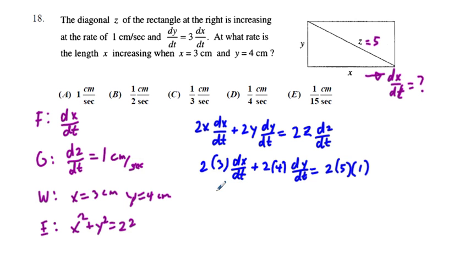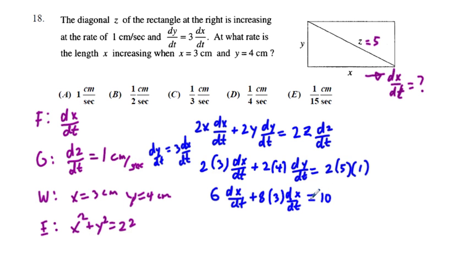And so we have 6 dx/dt plus 8 dy/dt equals 10. Now, we have this condition here. Another thing we were given, which I didn't write down, is dy/dt equals 3 dx/dt. So we can replace this dy/dt with 3 dx/dt.